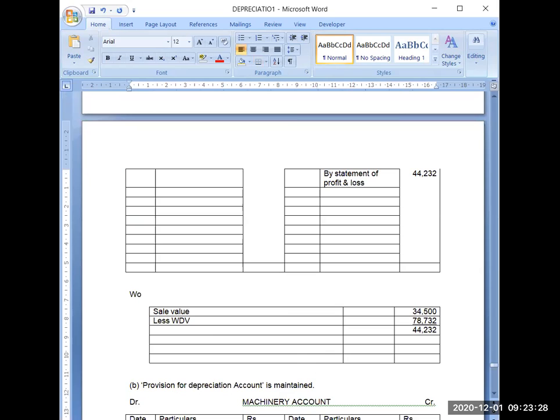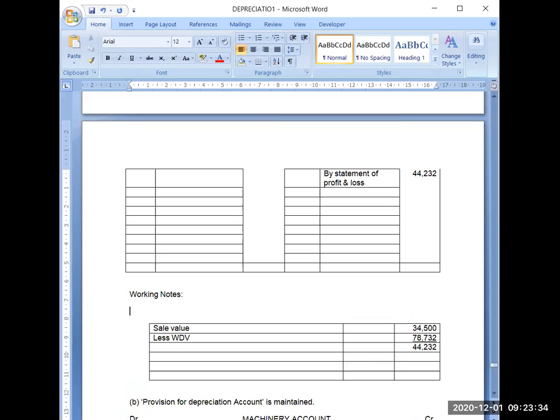Working notes. Depreciation on machinery costing rupees 1 lakh.